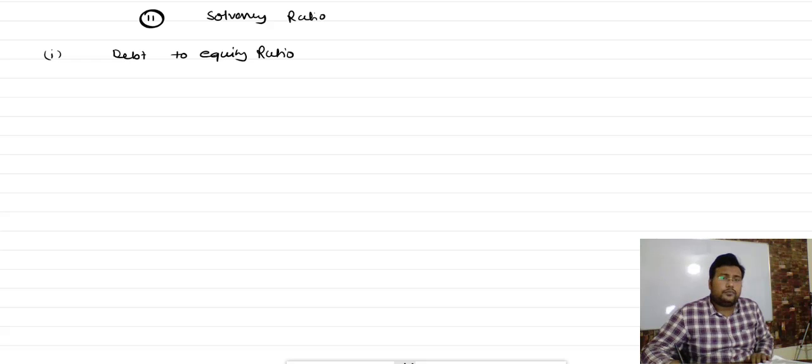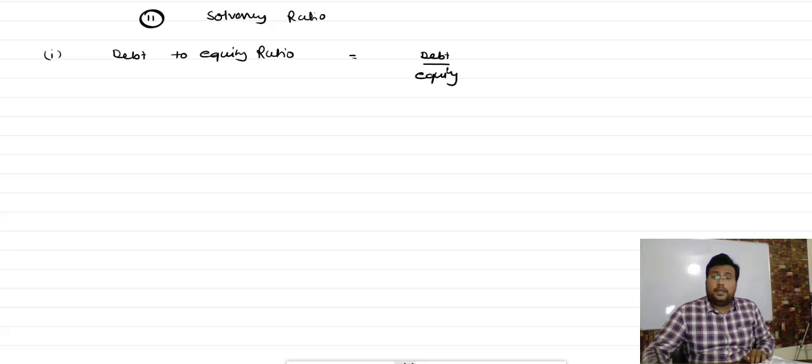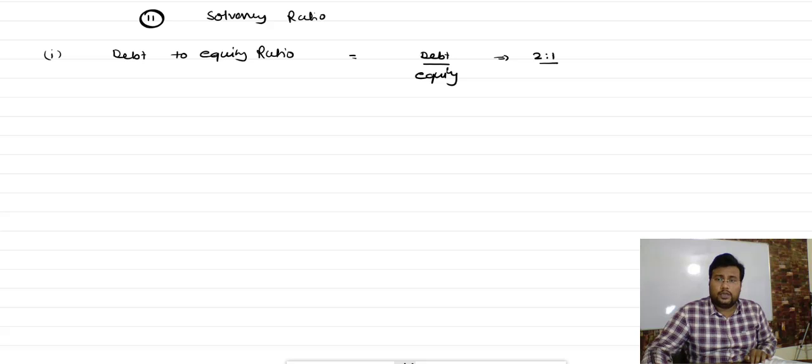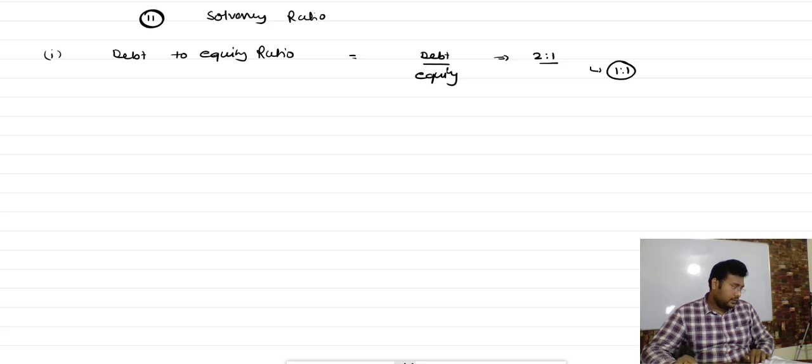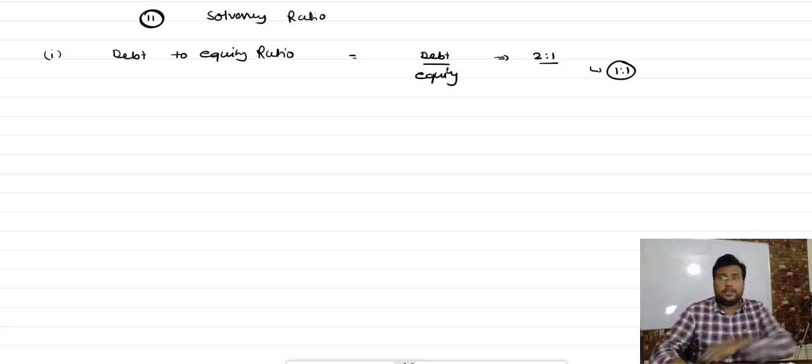Basically, debt to equity ratio is equal to debt by equity. In India, the ideal ratio of debt and equity is 2:1, but outside of India, it is generally 1:1. What things come under debt and what things come under equity, you have to be very specific.